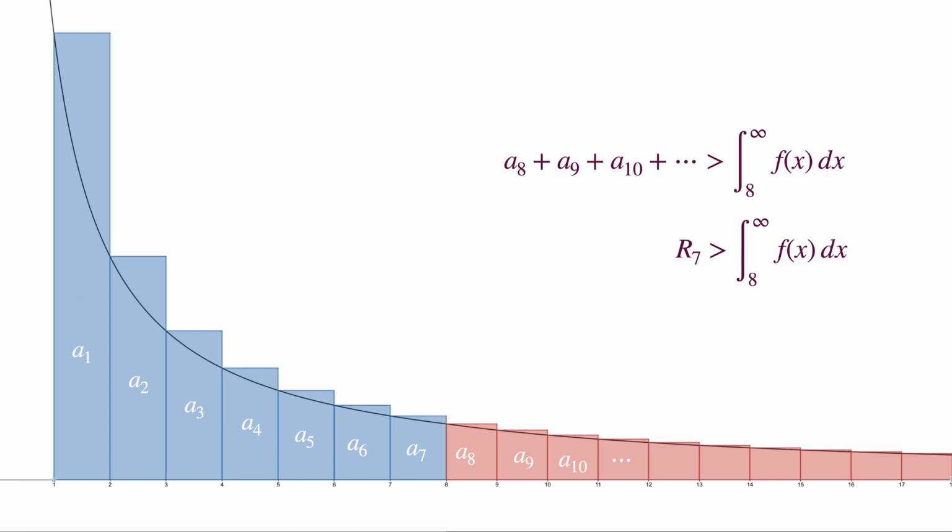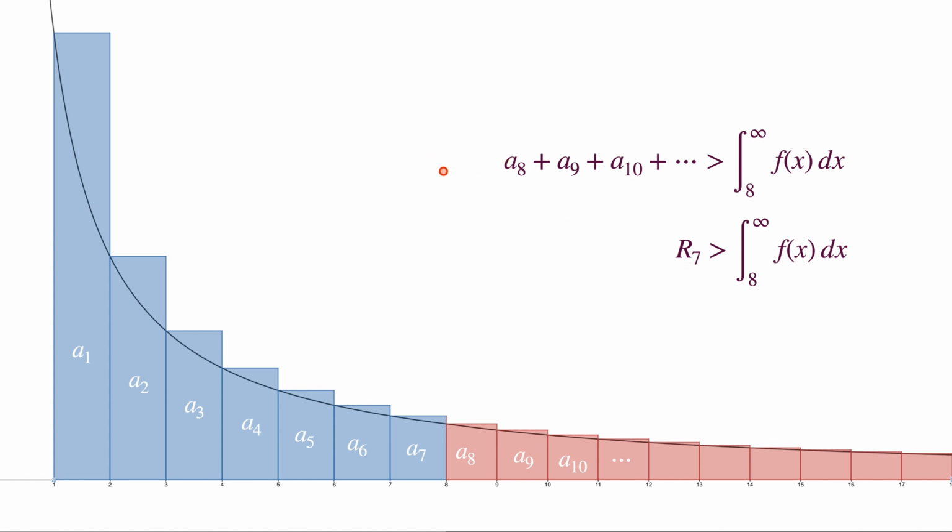Good, in quotations. What do we mean by good? We mean that the remainder is going to be small. So right now we're investigating how we can find some estimates on the remainder. And what we're coming up with here is lower bounds. So again, starting at the 8th term means that our remainder is termed R sub 7.